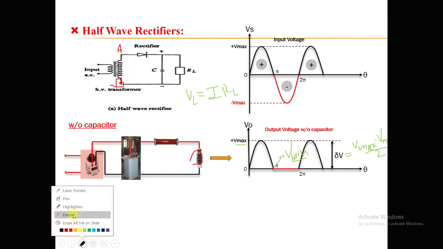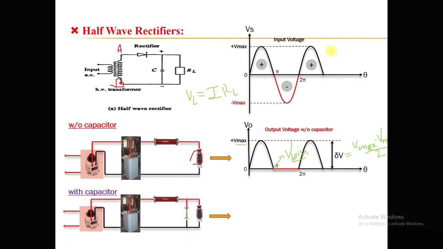Now the second case is the behavior of the circuit when the capacitor is connected. Here you can see that I have connected the capacitor at the output of the diode. Now let us see what exactly happens when the capacitor is connected.